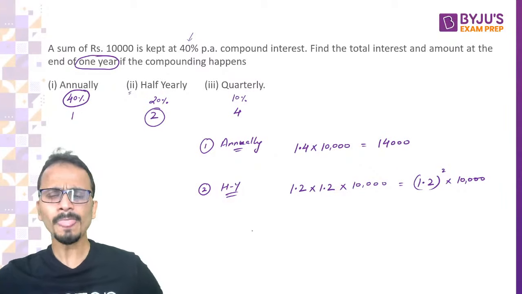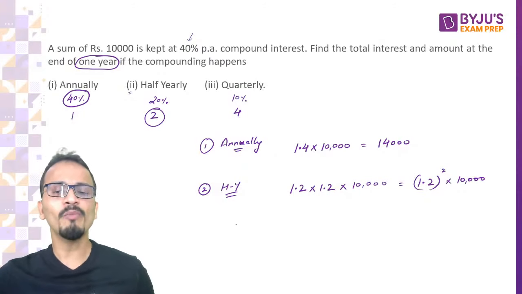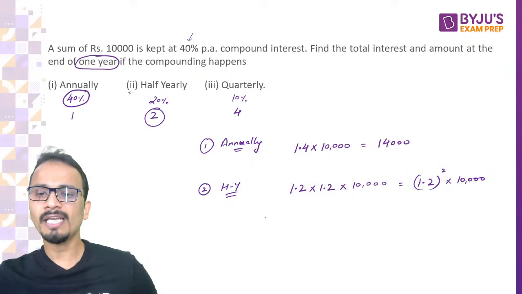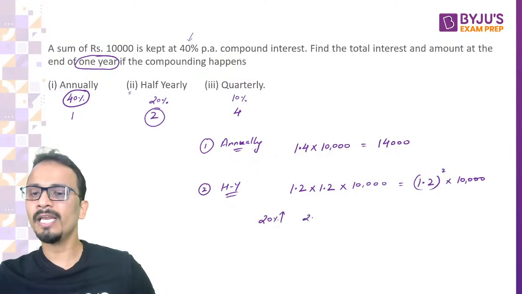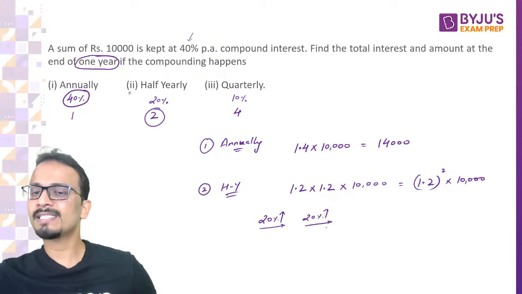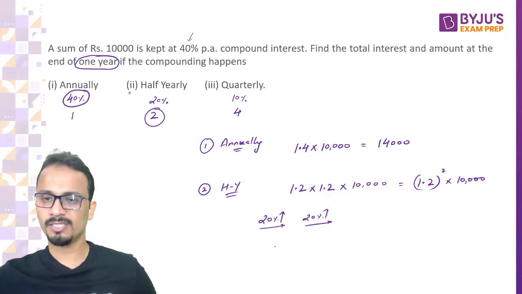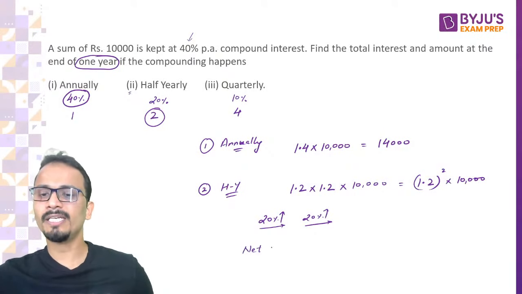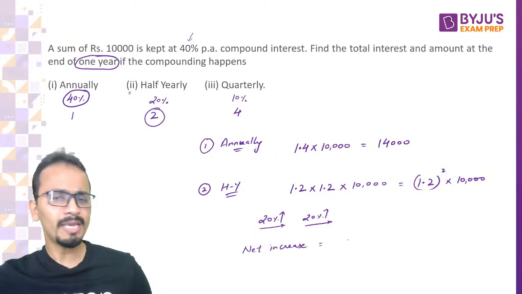Otherwise, you can use the formula of successive percentage increase. If I'm increasing anything by 20% and then again by 20%, using the formula of successive percentage increase, I can say that the net increase can be given by a plus b plus ab upon 100.